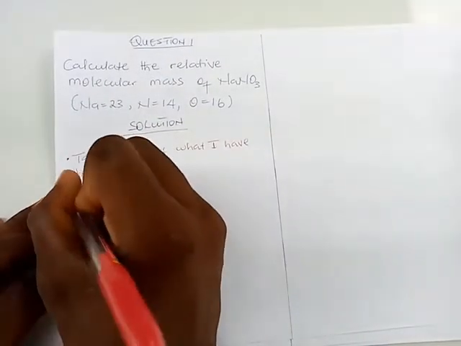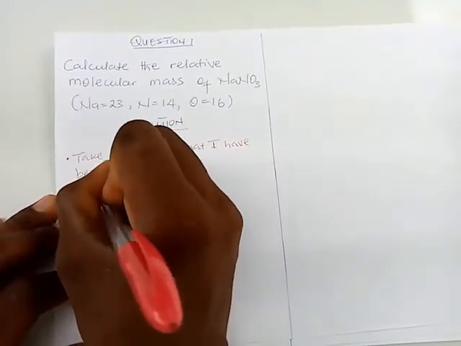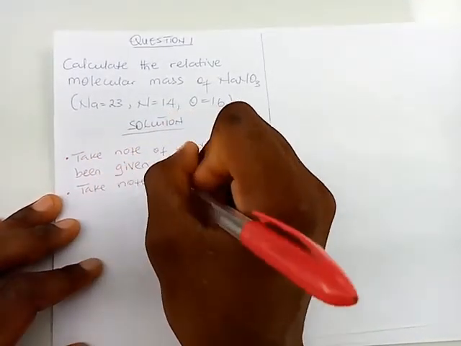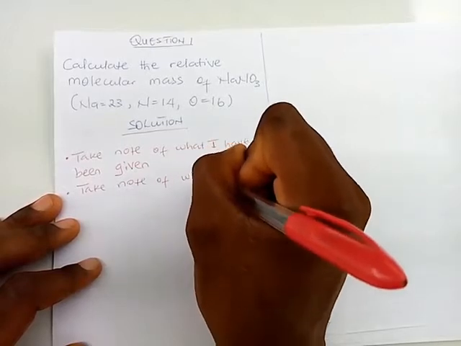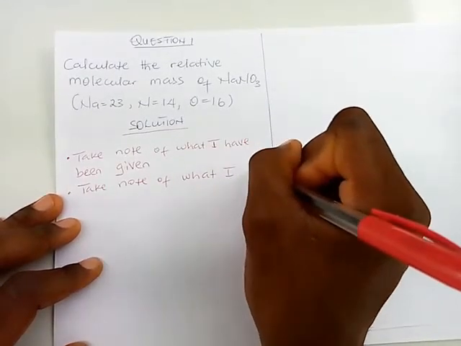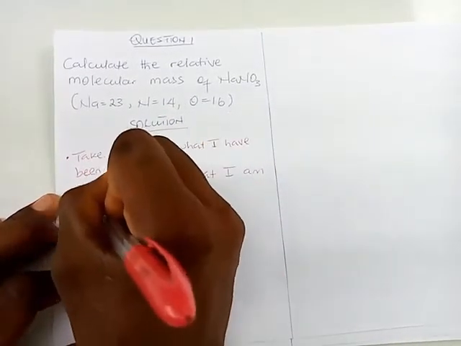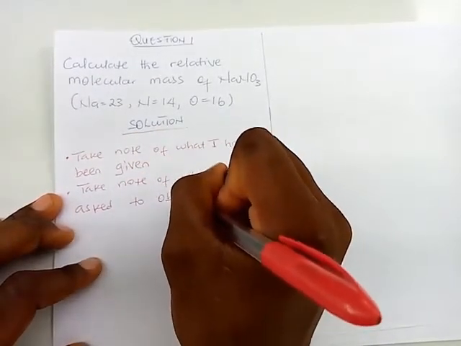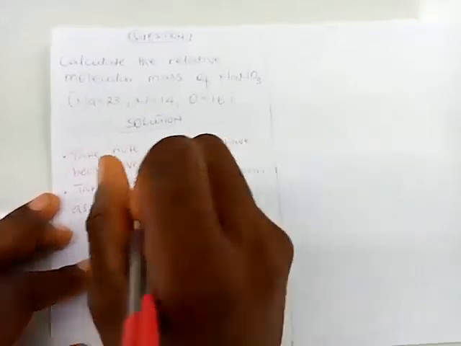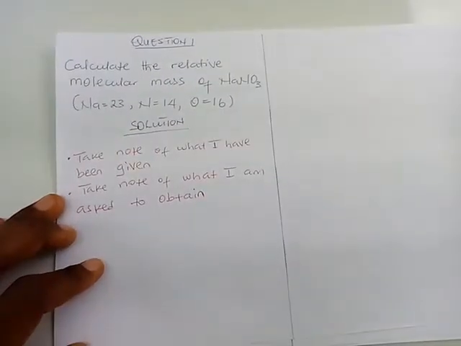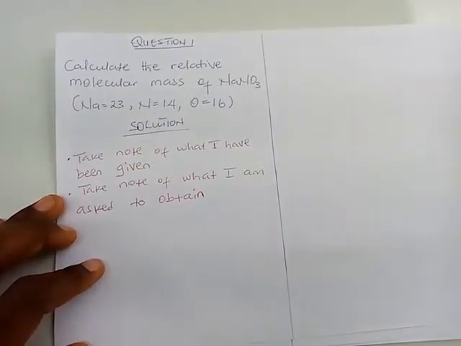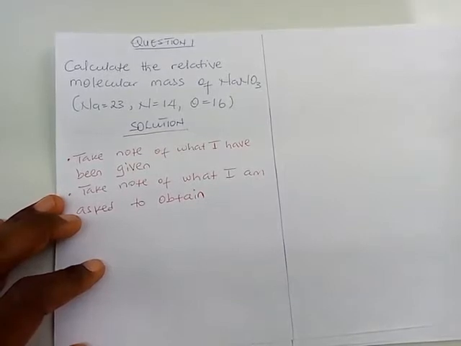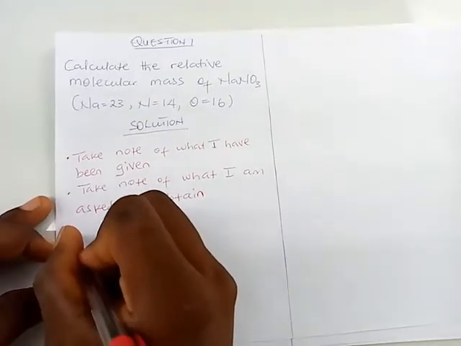Then the next thing I do is to take note of what I am asked to obtain. And from this question, you can see that I am asked to obtain the relative molecular mass of sodium trioxonitrate(V).